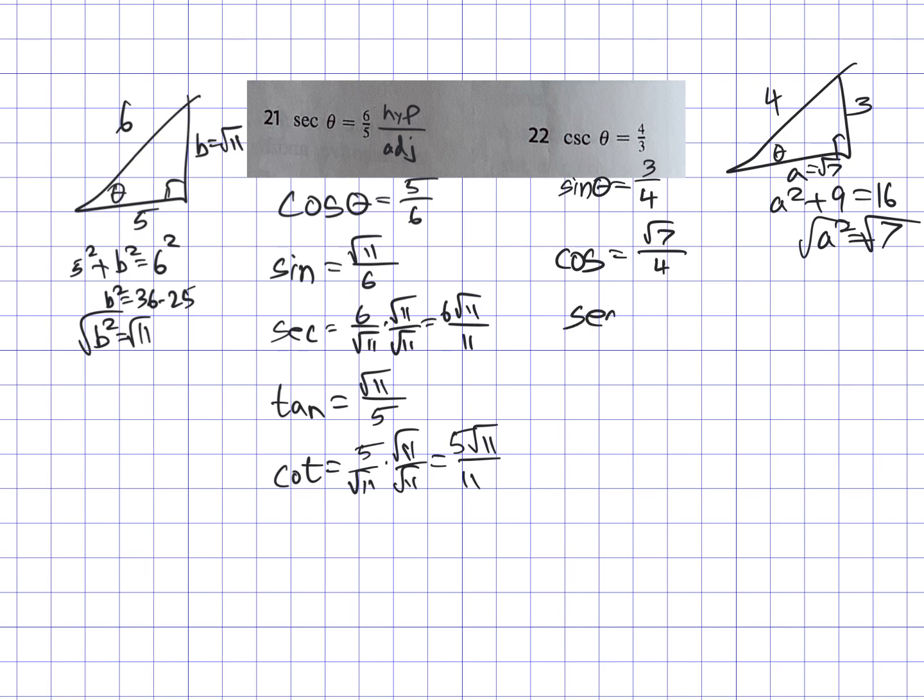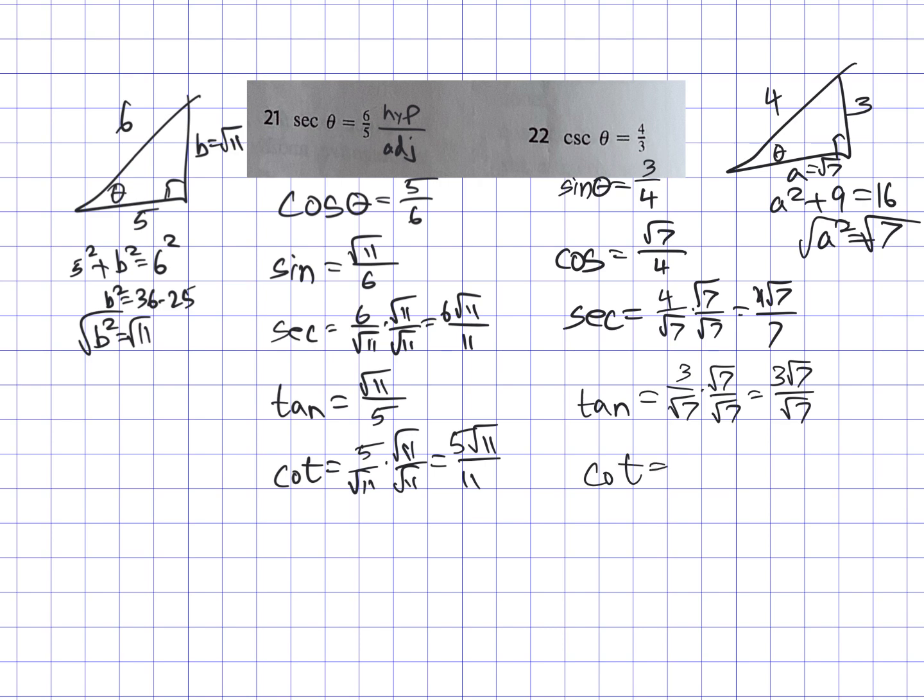And the secant is the reciprocal. So rationalize that. 4 square root of 7 over 7. Tangent is the opposite over adjacent, so we have to rationalize that one. And the cotangent would be the reciprocal, so square root of 7 over 3.